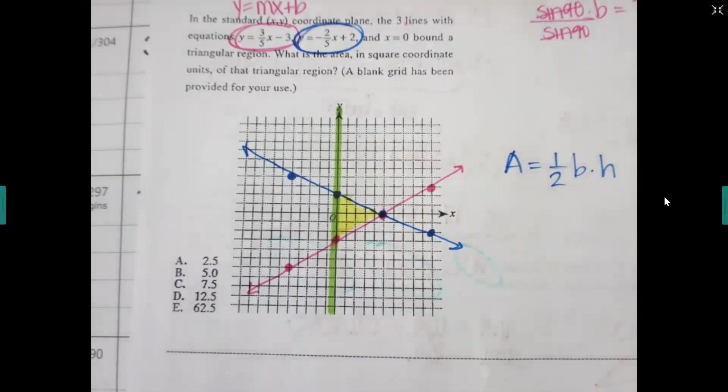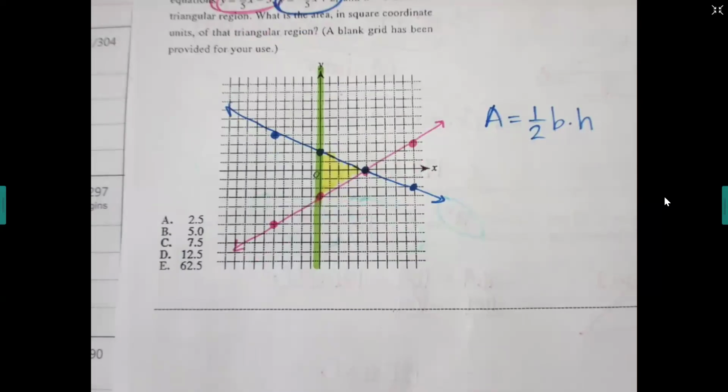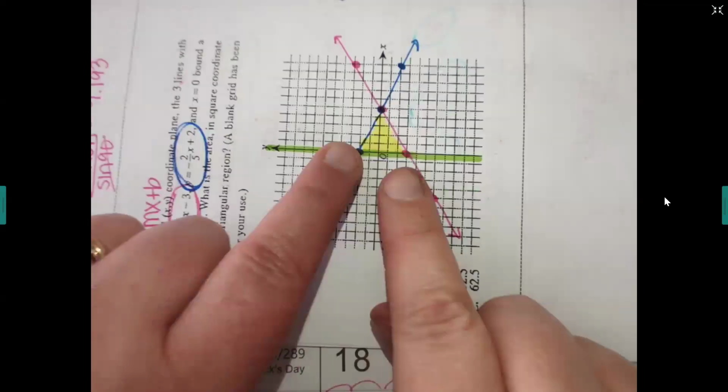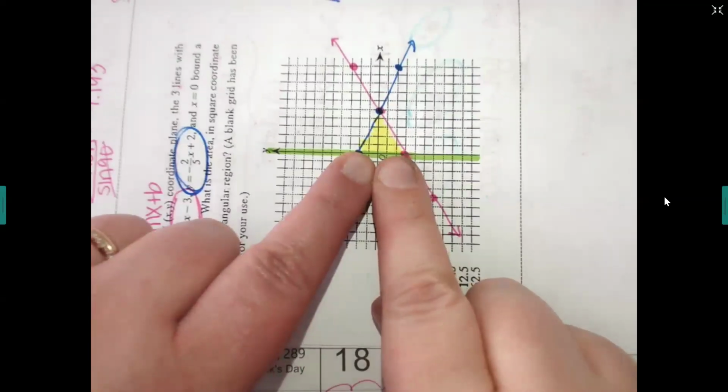And then here's going to be the easiest way for you to do this. You see how your triangle, if I make this the base, then I can't really count how tall it is. So I want you to just make your life easier and turn your paper sideways. How long is the base? How many boxes? How tall is it? How many boxes? 5.